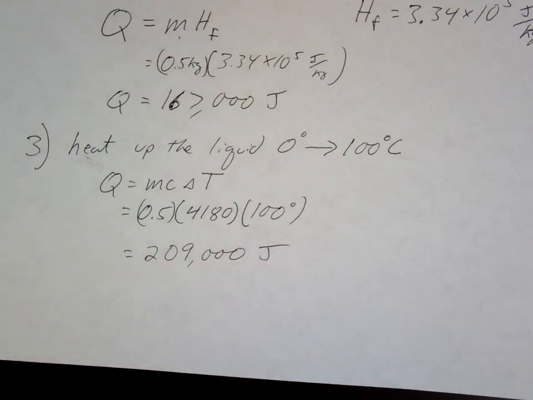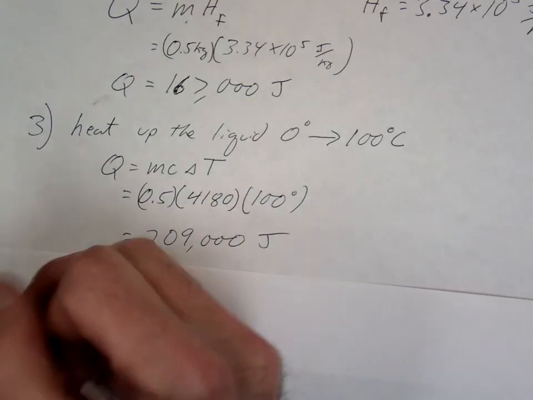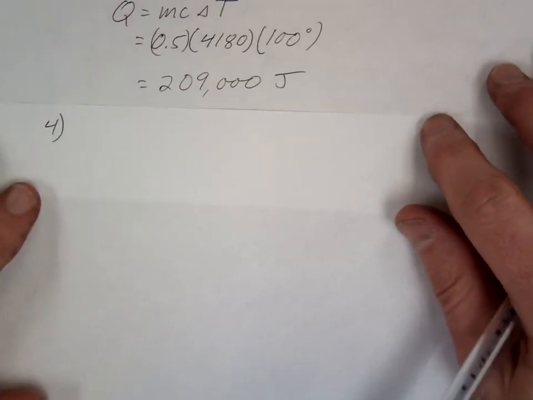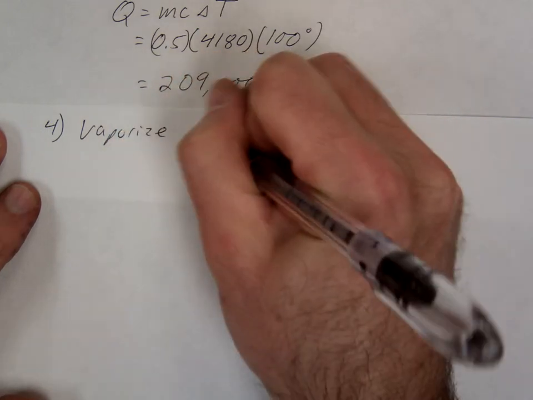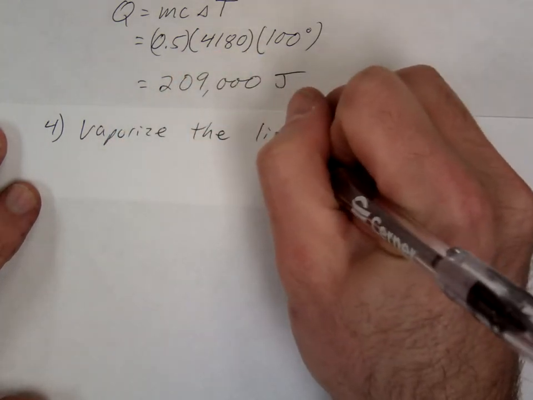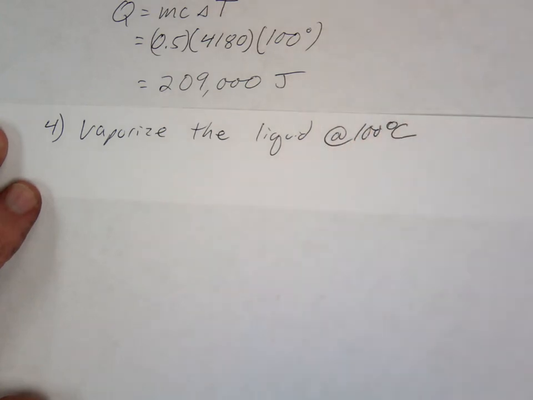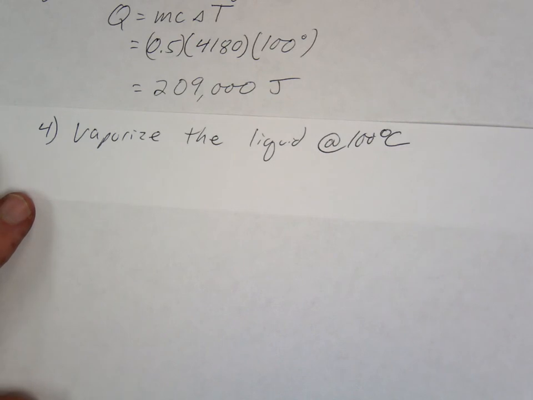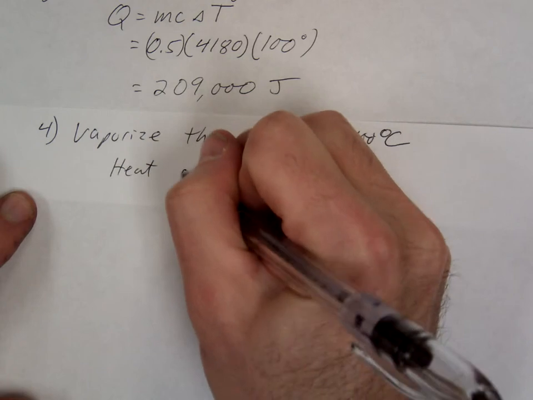Alright, we now have liquid water at 100 degrees. What starts happening at 100 degrees? Starts to vaporize or boil, right? Okay, so just like we had before a heat of fusion, we have a heat of vaporization this time.